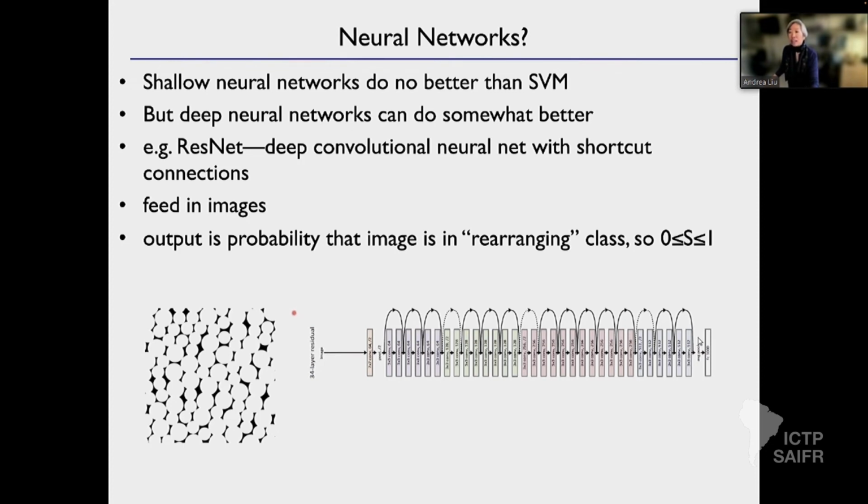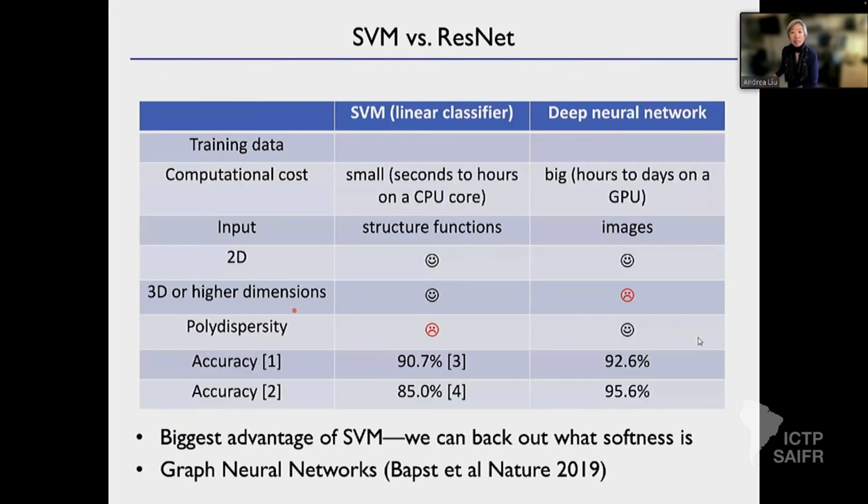And so the slight gain in accuracy is actually not worth going with a method that's completely opaque in terms of being able to identify what softness means physically. Also, if you're training on images, people really haven't done it for 3D or higher. It's only 2D.